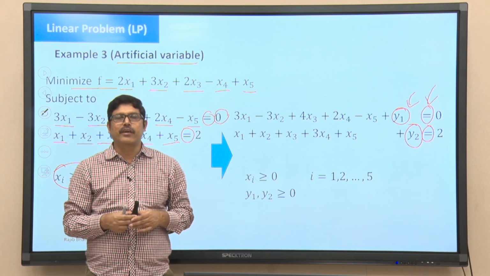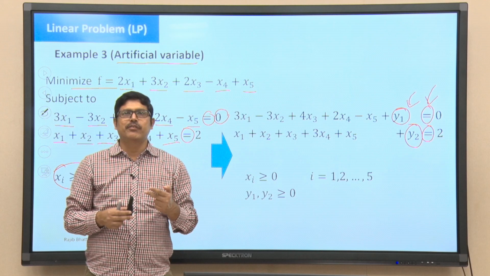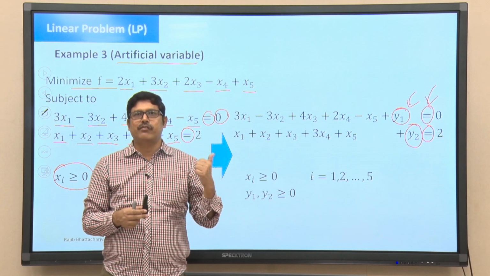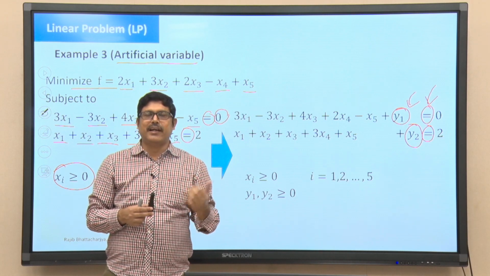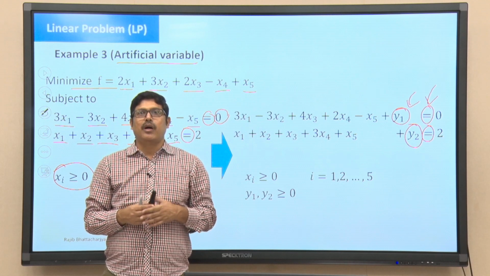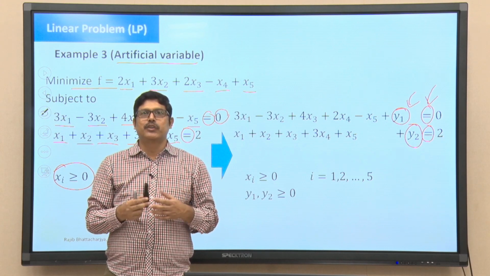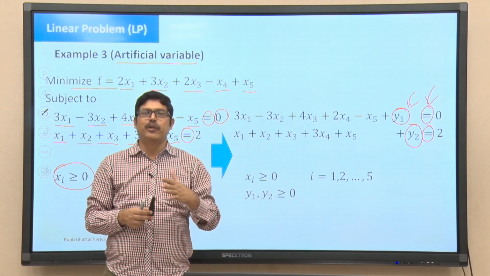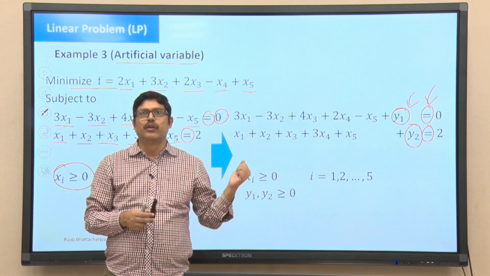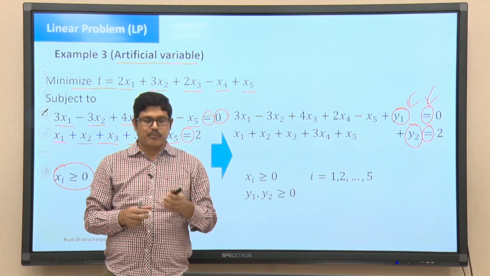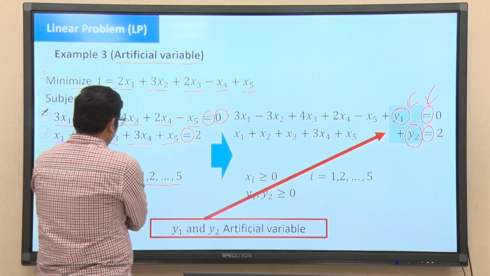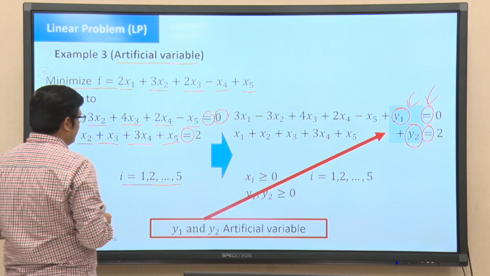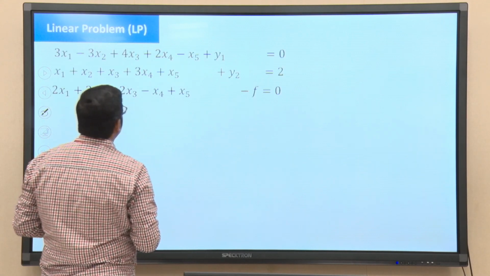So, what we are doing here is putting two artificial variables, y 1 in the first equation and y 2 in the second equation, just to have an initial basic feasible solution. The idea is that you eliminate y 1 and y 2 from these equations as early as possible. So, y 1 and y 2 are artificial variables.